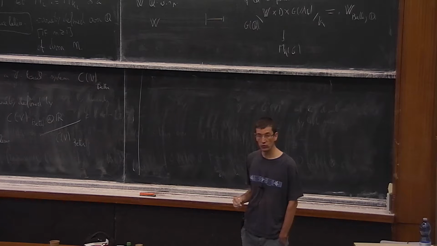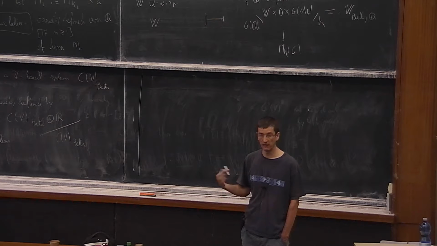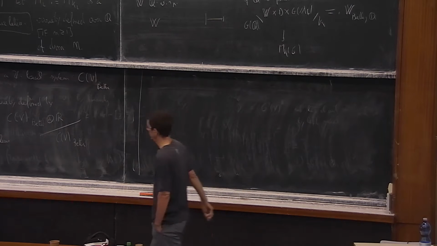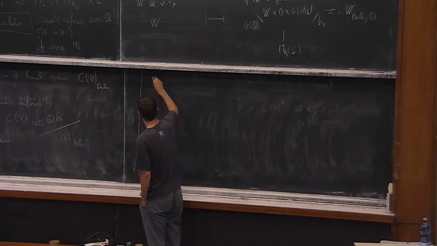If I want, I can look it up in my notes, how one can actually find examples of such forms. It's not unique. You just choose one. There exists one.